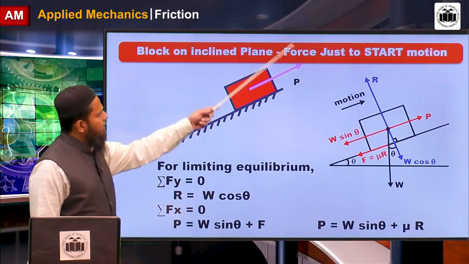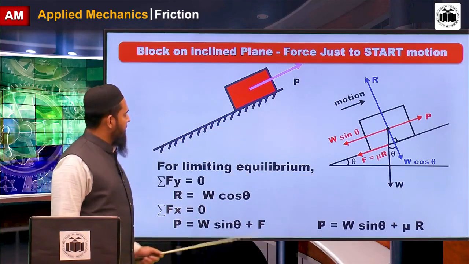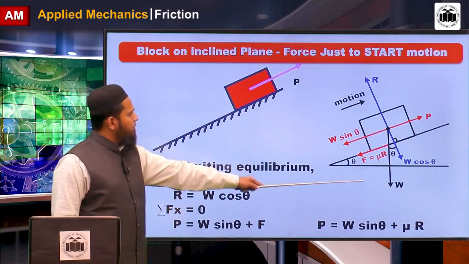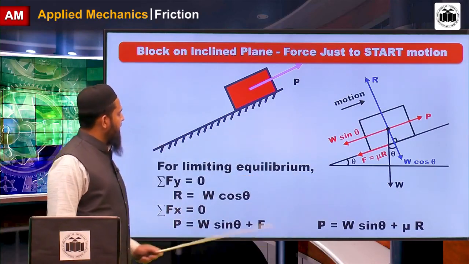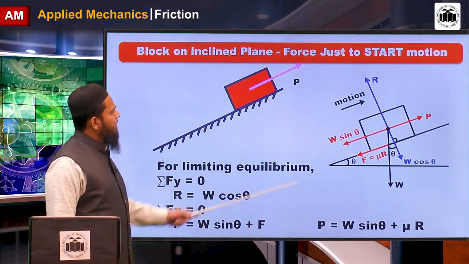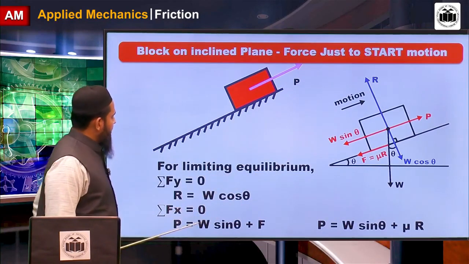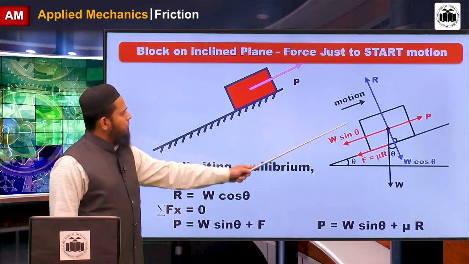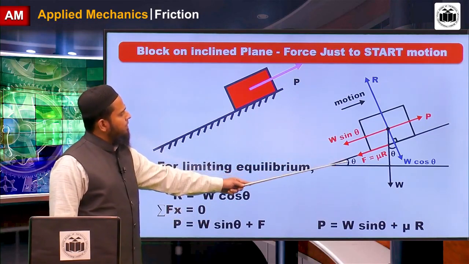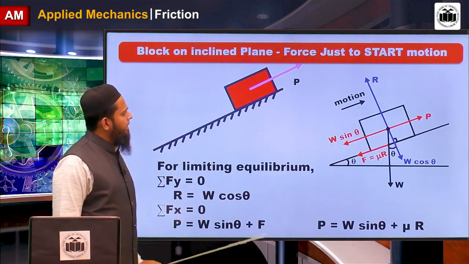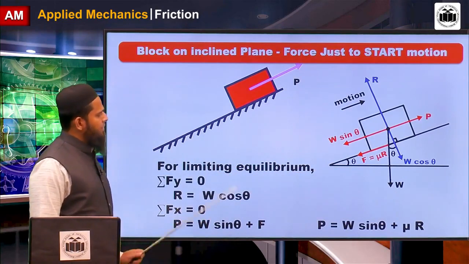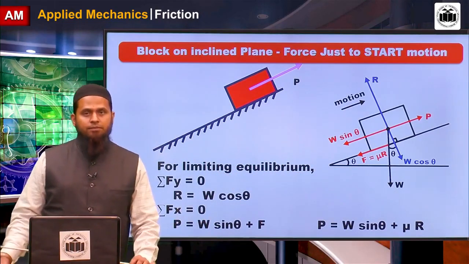Fy is across the plane. R is balanced by W cos theta, and Fx is equal to 0. Fx is along the plane. P is balanced by W sin theta and F, and F is equal to mu R.